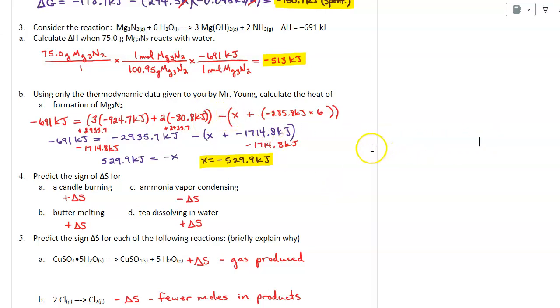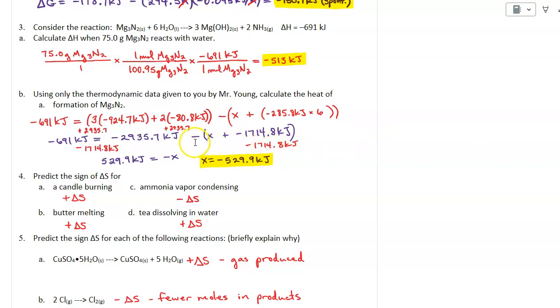And then I just solve for X. So a little tricky sign-wise on this one. You have to remember to put the reactants in one big set of parentheses, because when you put this minus sign out front, if you don't have these parentheses right here, you're going to forget to distribute that negative, and it's just going to mess up your math, and you're going to end up with a heat of formation that's in the thousands.